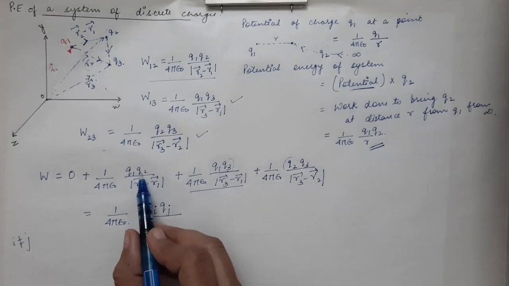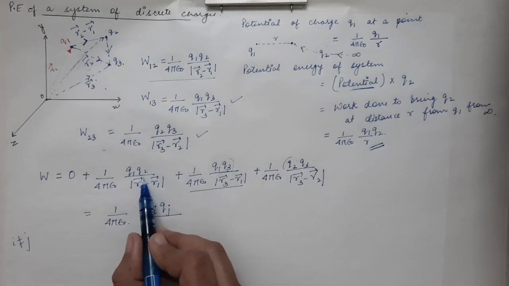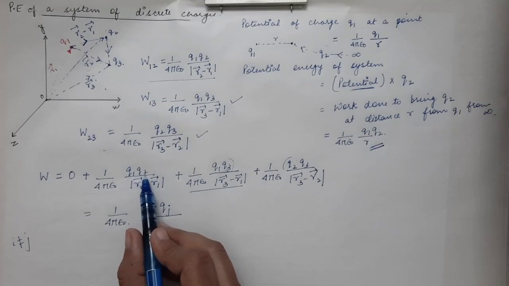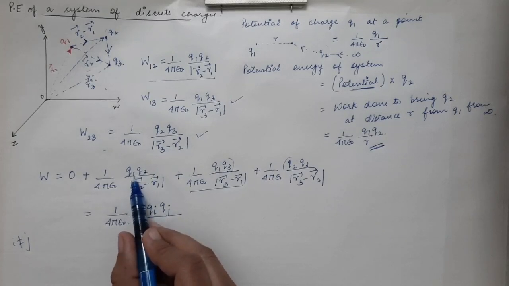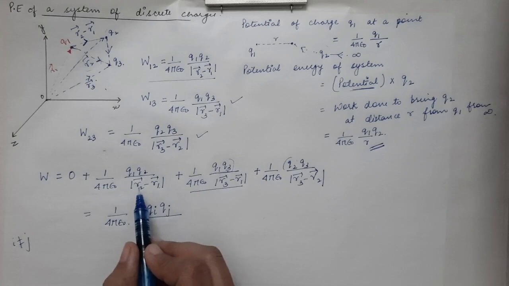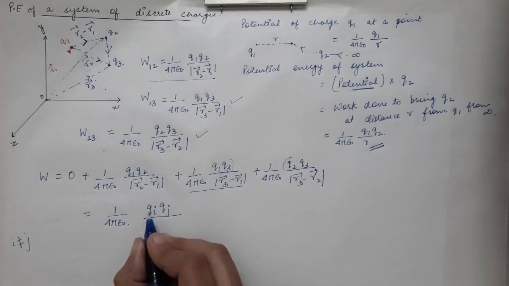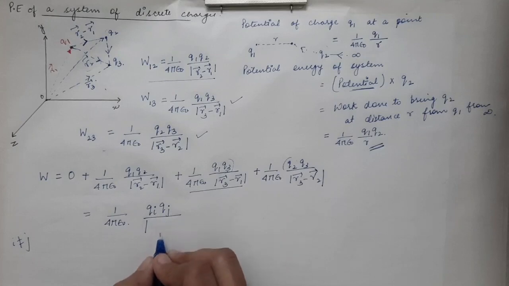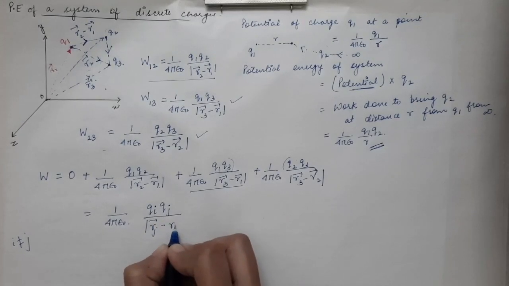So you can see that the charge which appears afterwards, let's say in the first term it is q2, so we have to write its position vector first. So we have written r2, then the position vector of q1 is r1, so we have to swap the terms. So in the denominator, if you have qi and qj, you will have rj minus ri.